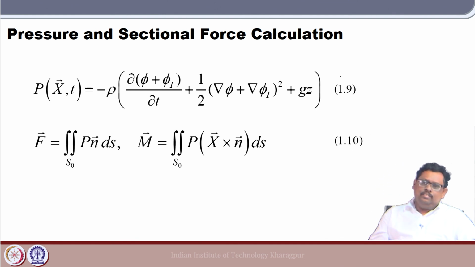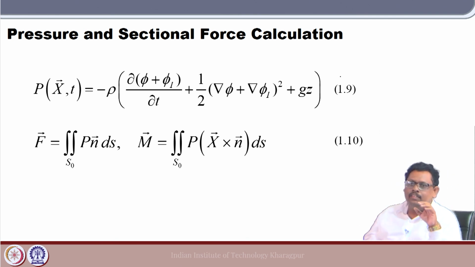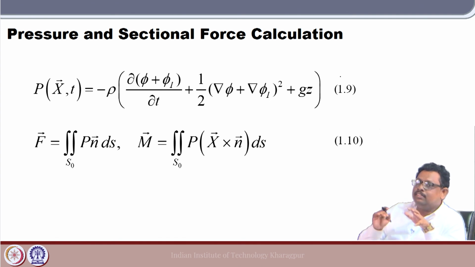Here, in fact, 1.10 we also need to change, because 1.10 gives you the force over the body. However, we are interested in the sectional force, right. When you solve hydroelasticity, we are really not interested in the total force, which is only for the rigid body.